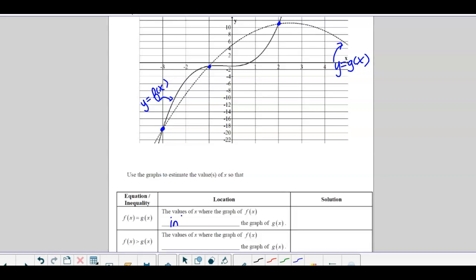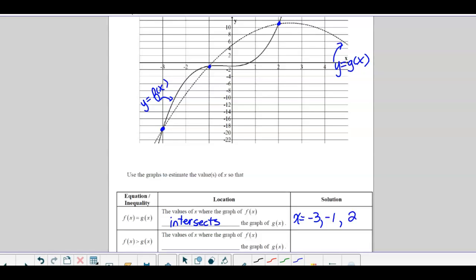So that's intersects. The solution, so in these, you only want the x values, not the y. So where does it intersect here? At x equals -3. Here is -1. And here is 2.